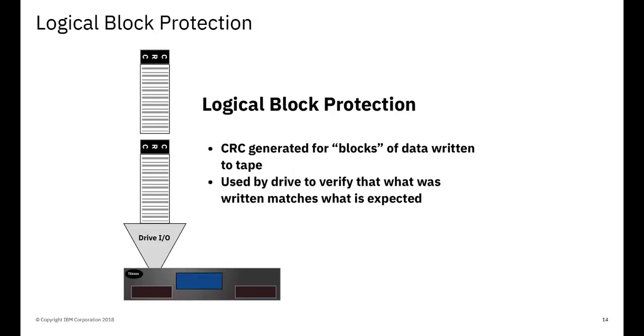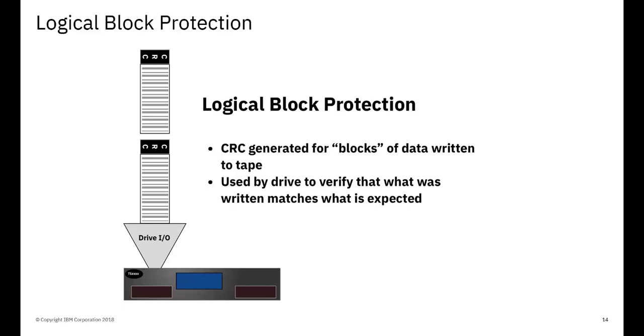Depending on the type of libraries and drives you're using, there's other options that you can enable. One of those is logical block protection. Logical block protection works with SCSI libraries and drives that support it. And what it does is that Spectrum Protect will insert a cyclical redundancy check, called a CRC value, at the end of each of the logical blocks of data that it writes out to tape.